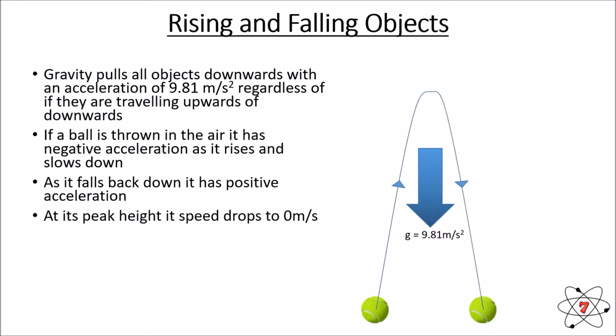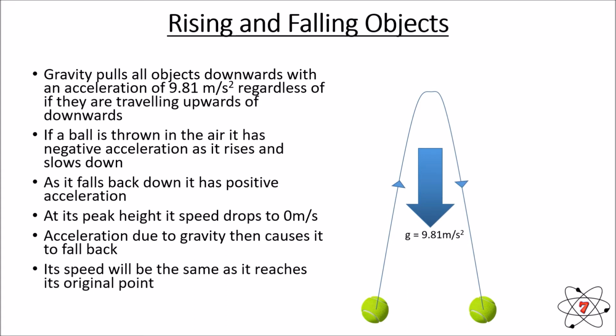So at the peak of this ball being thrown upwards, at its maximum height, its velocity drops to 0 meters per second. Acceleration due to gravity then causes the ball to fall back down to Earth. It's being pulled the whole time, whether it's travelling up or down. Gravity is constantly accelerating it downwards.